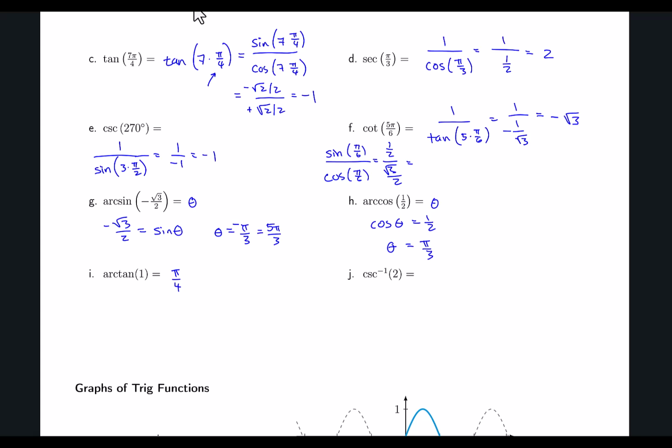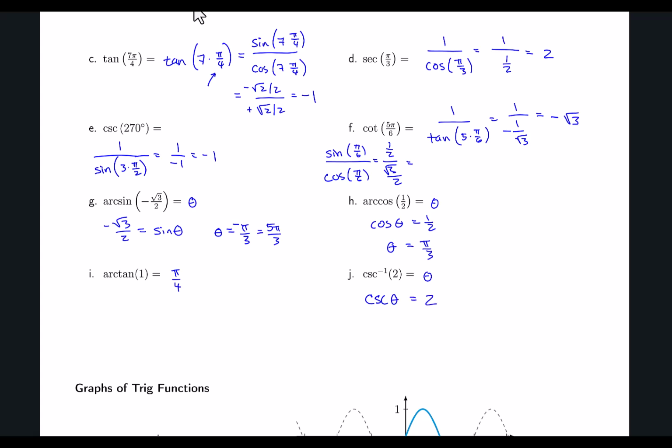All right, arc cosecant of 2. So this notation right here, cosecant to the negative 1 power, means an arc cosecant, just like if I had written arc CSC. That would mean the same thing. So you have some angle measure theta whose cosecant is 2.